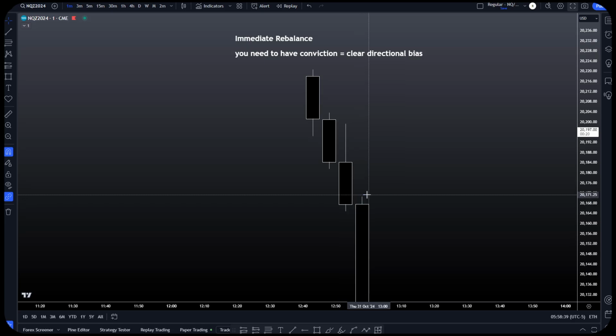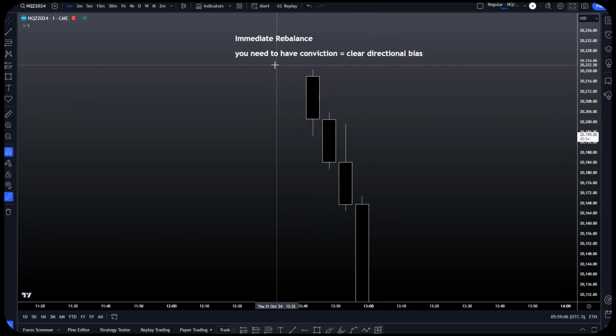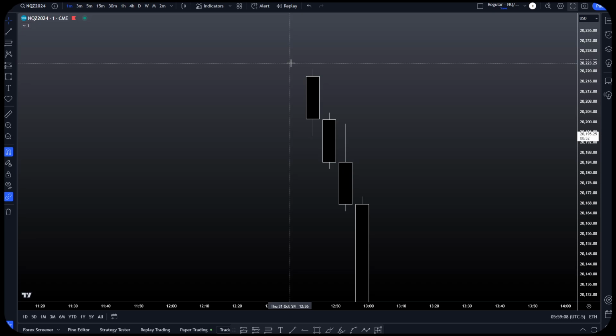So immediate rebalance basically just gives you conviction. It's a signature in price that indicates that price is going to move quickly in your direction, but obviously only if your directional bias is clear and you are correct with your understanding of price action. This is a signature that no one really talks about, but it can be very beneficial if you understand this.